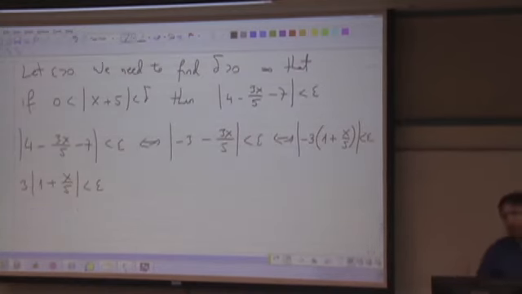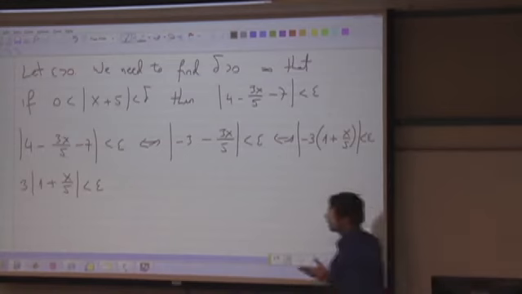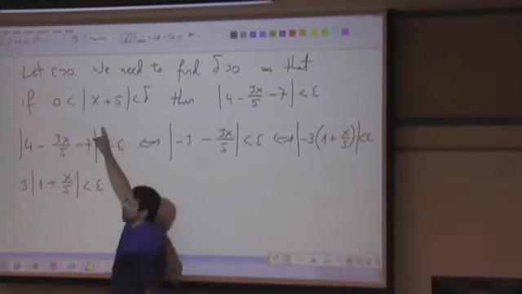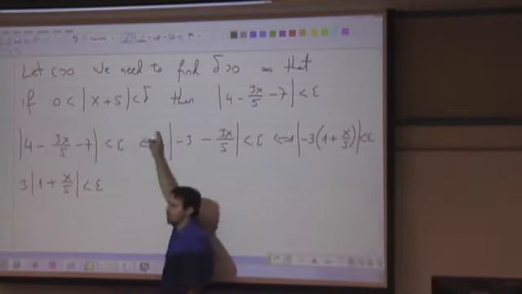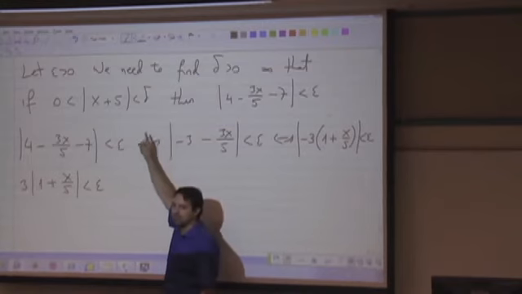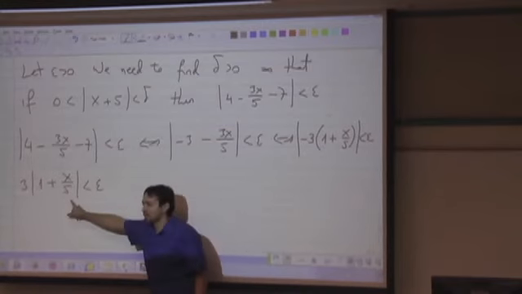Okay, so now what's the next step? Keep in mind our ultimate goal. Our ultimate goal is to come up with the absolute value of x plus 5 being less than some quantity. How can I do that?